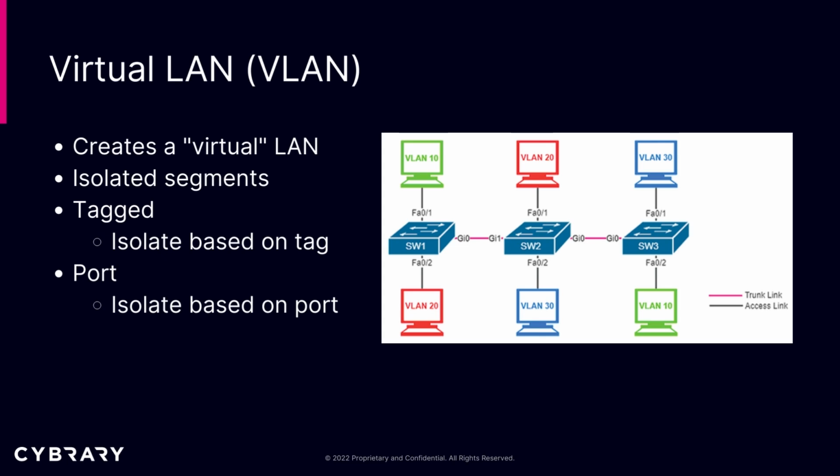You build the VLAN information into your configuration, and the traffic is tagged. If you identify that certain devices are part of this VLAN, it will tag that traffic from that device and put it on its own VLAN, segregating it from the rest of the network. Or it could be port based, and it isolates based on ports.